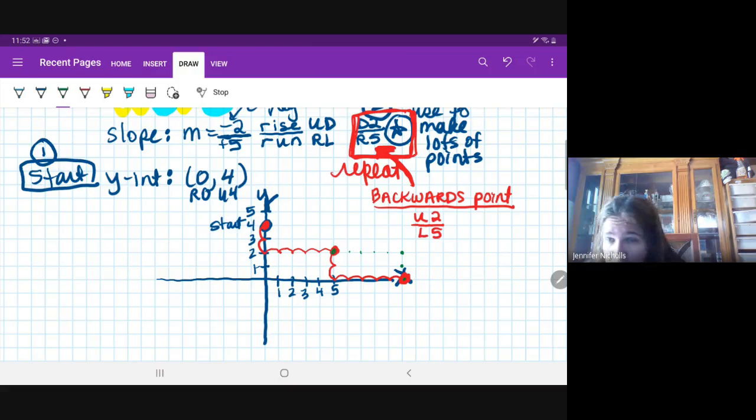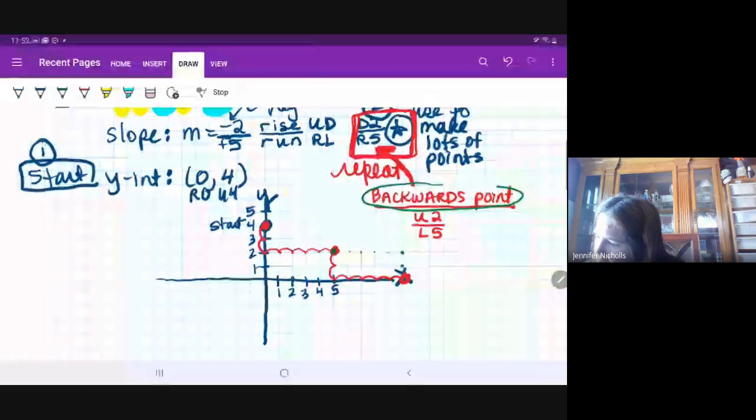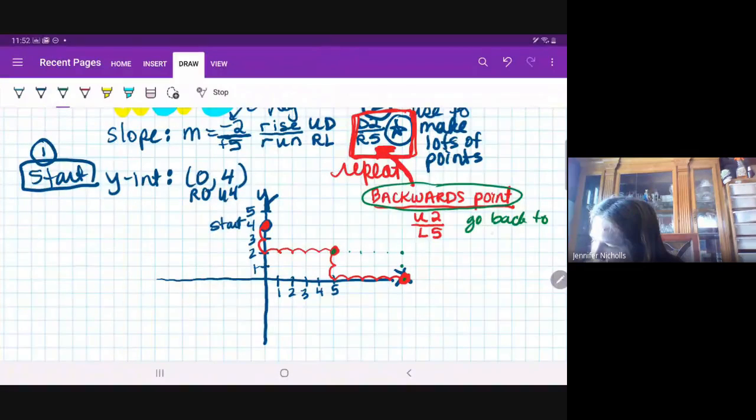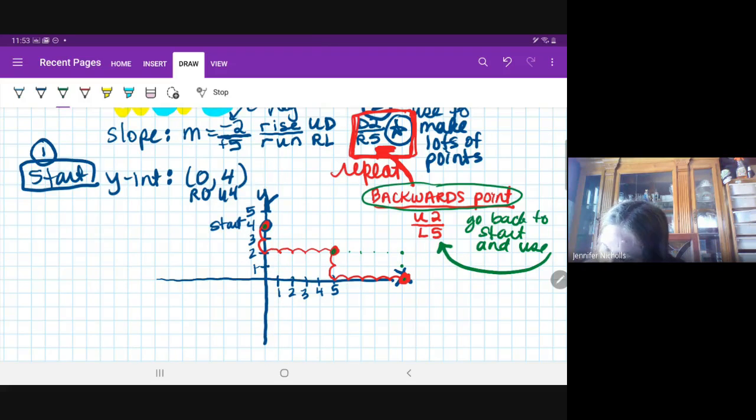So the best thing to do is a true backwards point. Go back to the start and use this. So if I go back to the start, back to 0, 4, look at where it says start. I want to go up 2 squares. So 1, 2.